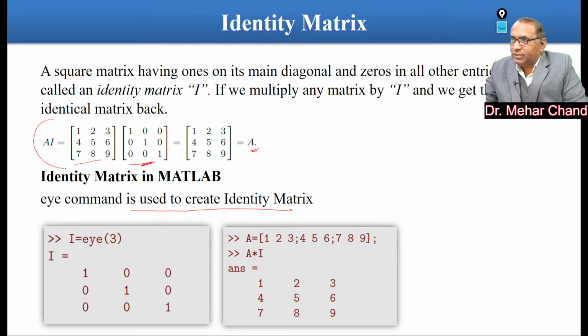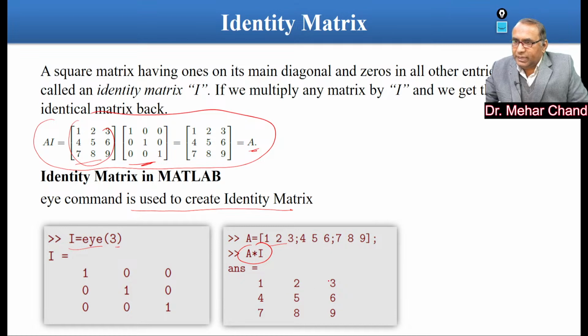If you want to satisfy this, you can do I is equal to I, and the identity matrix has been created at this place, and this is the A matrix. When you execute the statement A product I, it returns the same matrix. You can see this is the first row, second row elements are 4, 5, 6, third row elements are 7, 8, 9.